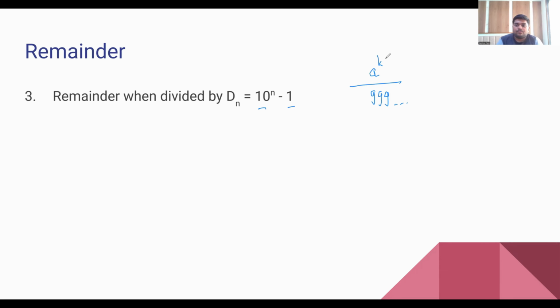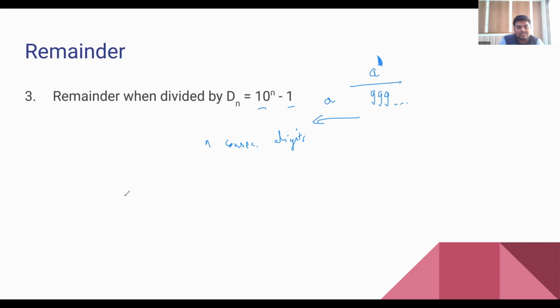So it can be a to the power k or simply a only. So what you do here is you start making the sets of n consecutive digits starting from right to left in A.